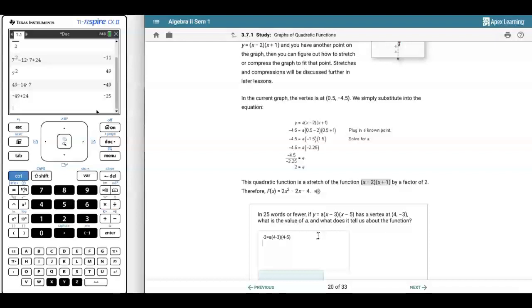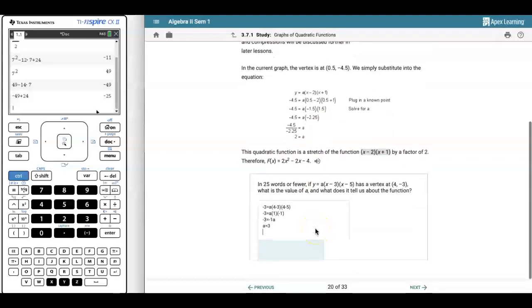Simplified, -3 is equal to a times 1 times -1, or -3 equals -1a. I divide both sides by -1, so a is equal to 3.